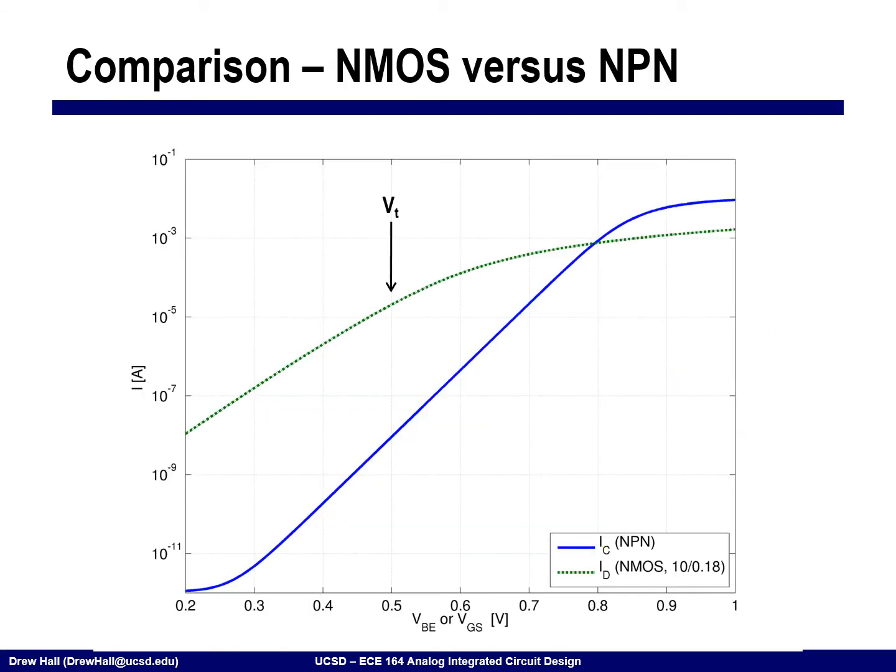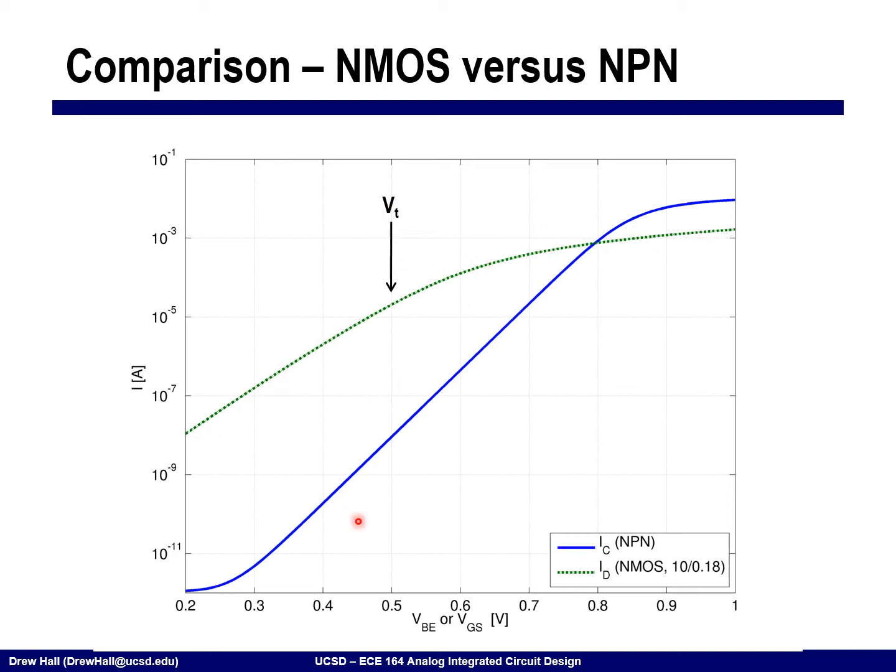So that's why this is about 1.5 times lower. All right, so again, if we look at an NMOS and compare it to an NPN, on the y-axis here, we're showing the current in log. On the x-axis, I'm showing VBE or VGS, the controlling voltage for these different transistors. And what you can see is that the BJT has a linear on a log relationship here, whereas the MOSFET doesn't start to pick up and flatten out until after VT.